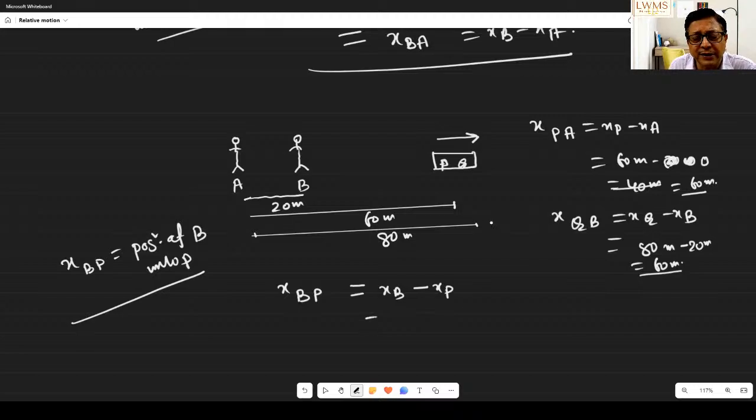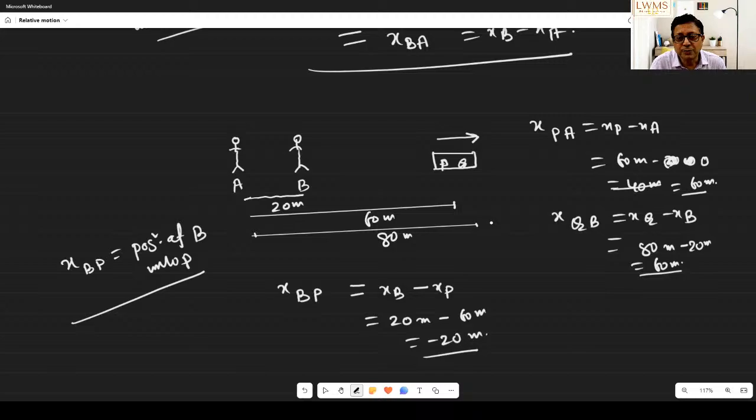What is XB here? 20 meter, and XP is 60 meter. This is minus 40 meter. This is important. Negative. Position is negative with respect to P because it lies on the left side.